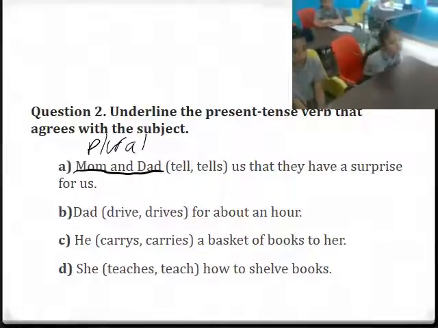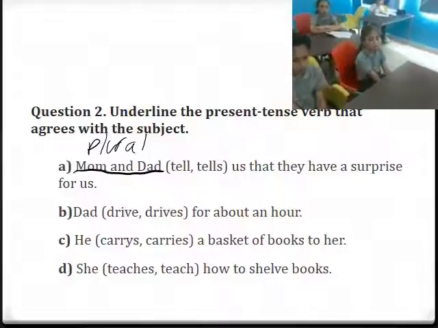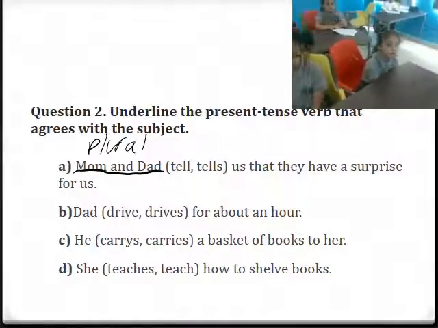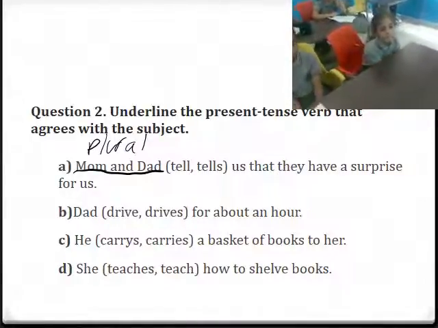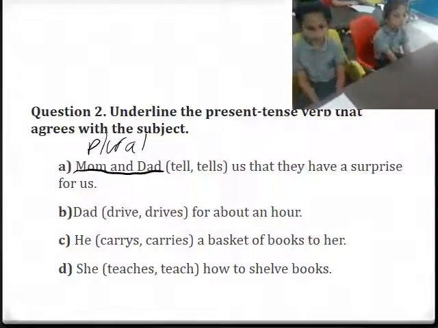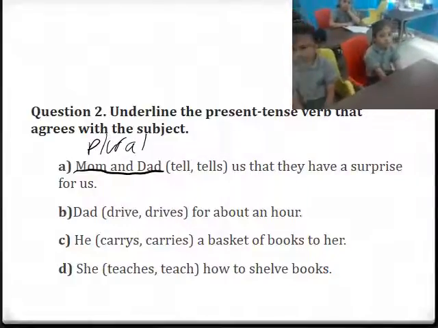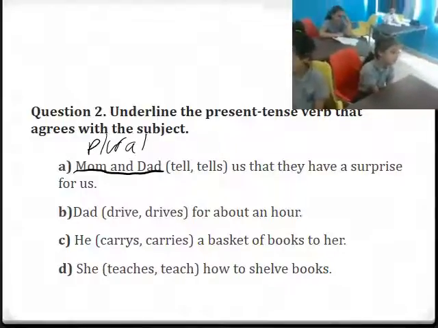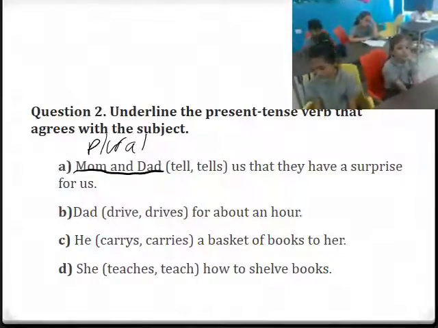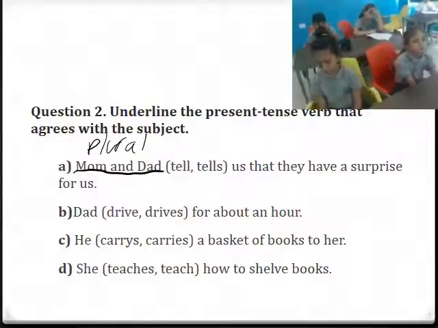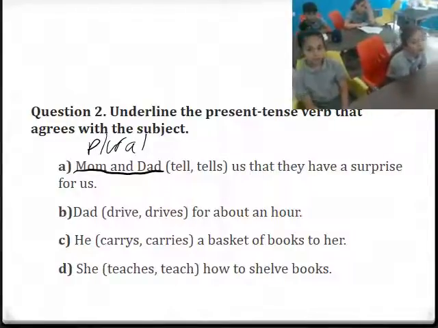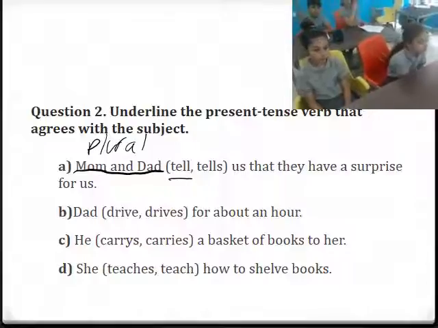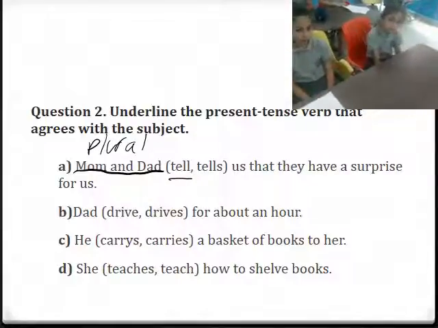Now, when we have a plural subject and we have the present tense verb, do we change anything about the verb? Do we add anything to it? No. So, we will choose tell or tells. Tell. Very good. Tell, because Mom and Dad are plural.